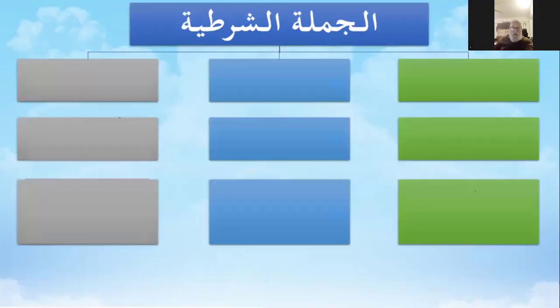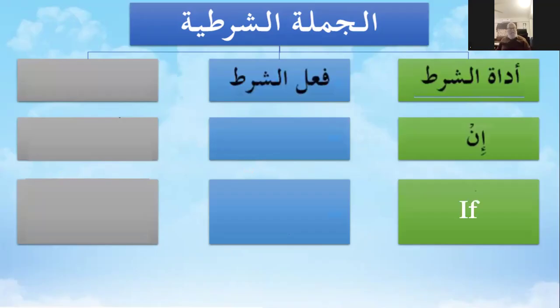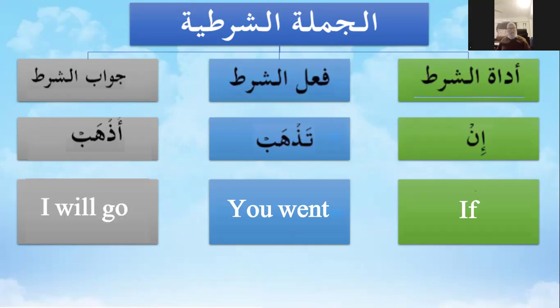Now, the Jumlatul Shart has three parts. Adawt Shart, just like in, meaning if. And Failul Shart, just like Tazahab, you go. And the Jawabul Shart, Azhab, I will go. It means that the Shartiya Jumla, the conditional sentence, will have three parts.